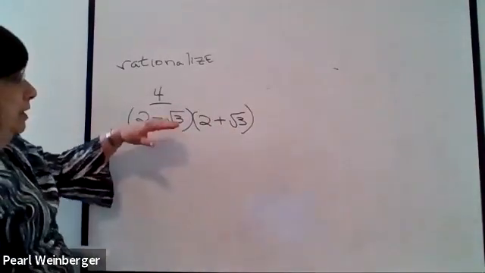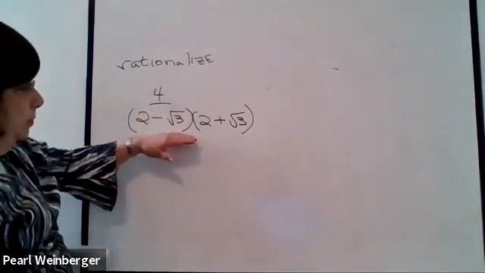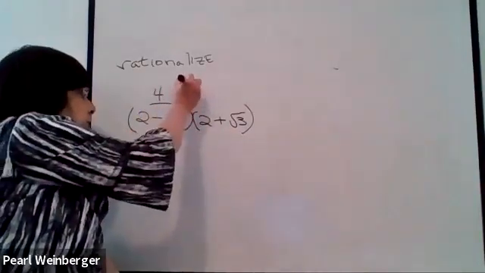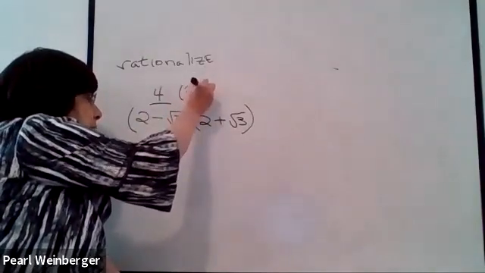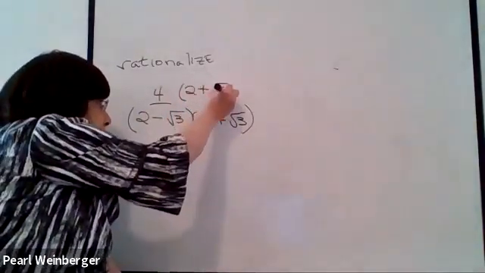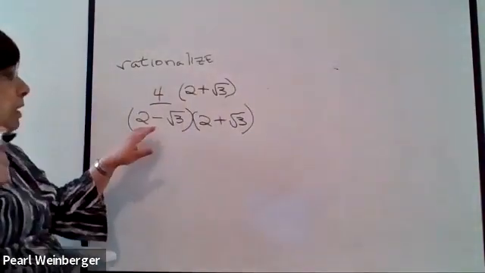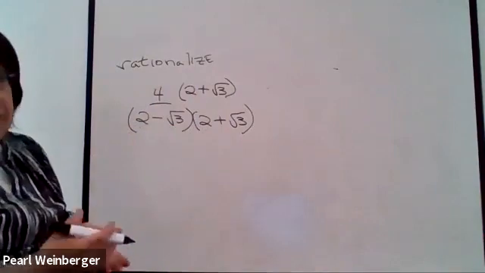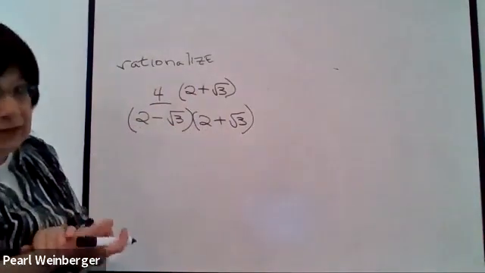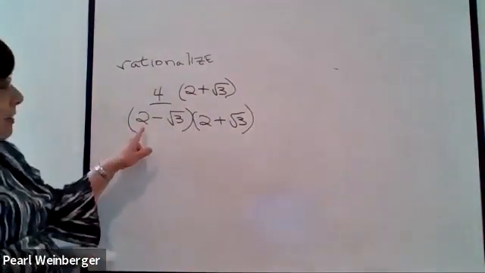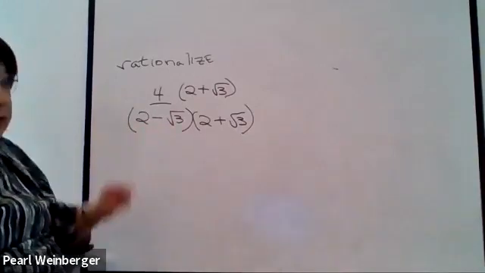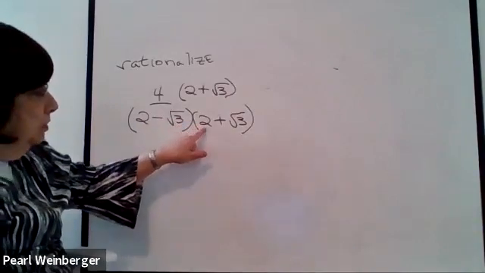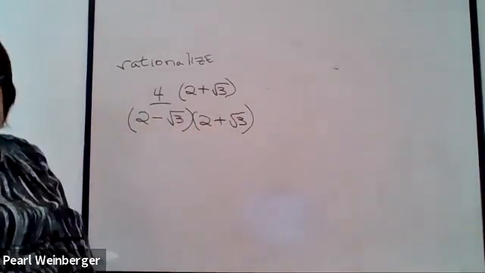But of course, if I'm multiplying the denominator by 2 plus radical 3, I've got to multiply the numerator by that as well. So when it comes to a fraction or a division, sometimes they use the term divide, sometimes they say simplify the fraction, and the denominator, the divisor, is a binomial, it's multiplied by the conjugate of that binomial.